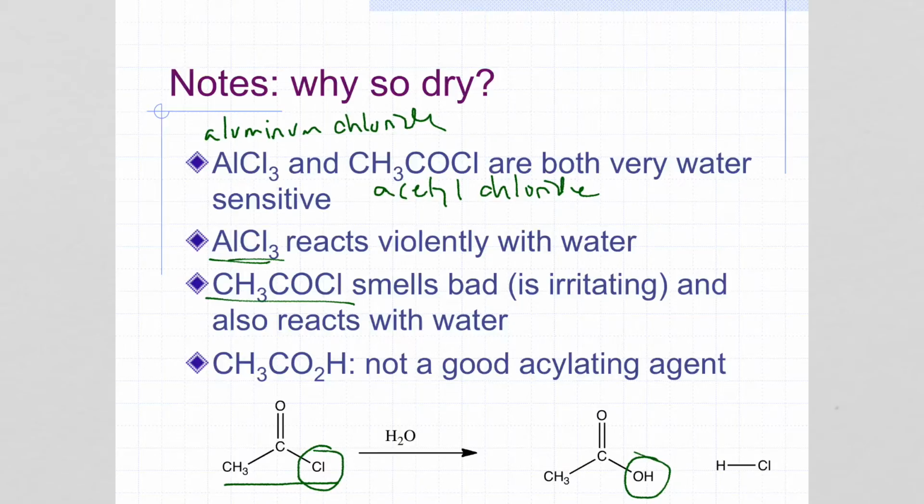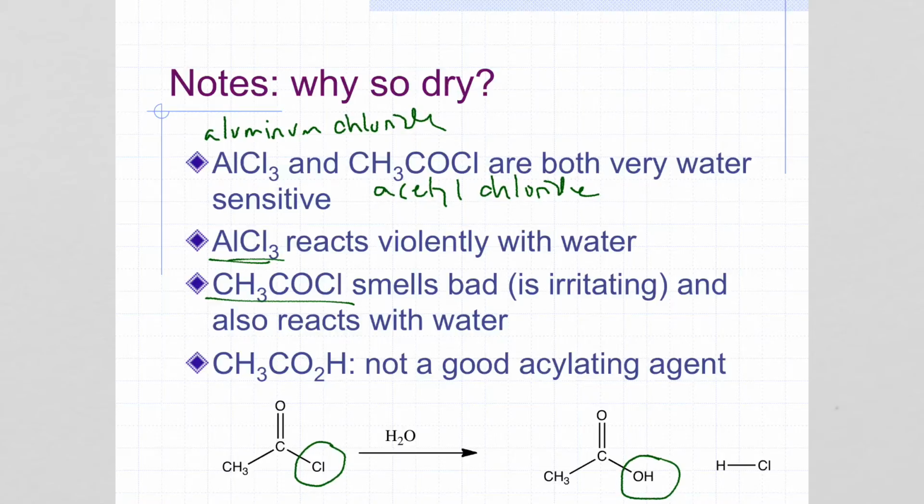And acetic acid is not a good acylating agent. When we say an acylating agent, we mean an agent that adds this acyl group to the aromatic ring, and acetic acid is not good at that. If you look at the difference between these two molecules, acetyl chloride has a Cl group here, and acetic acid has an OH group here.